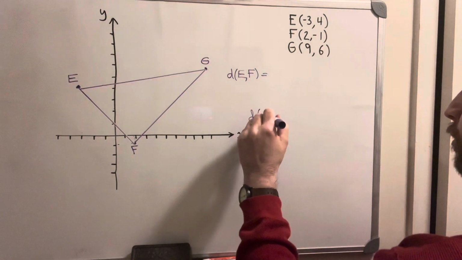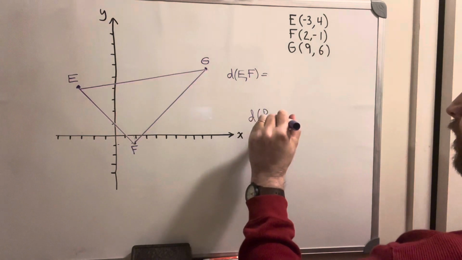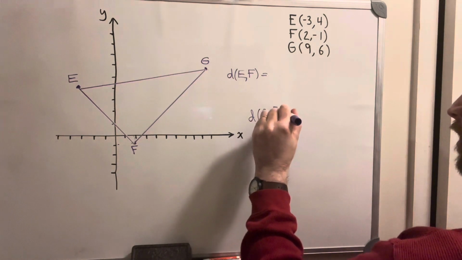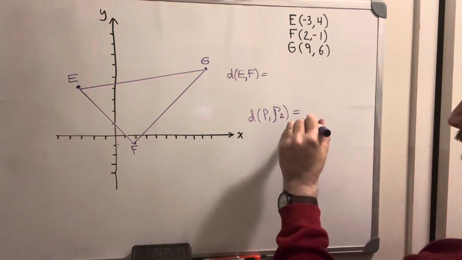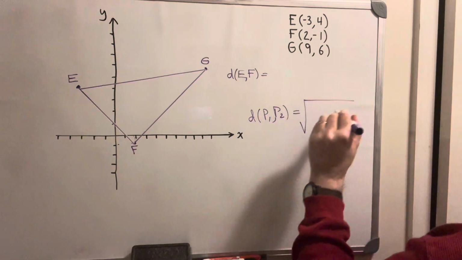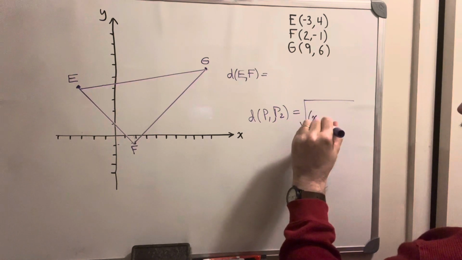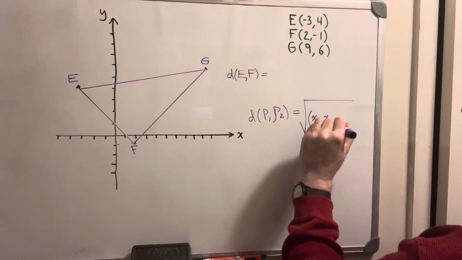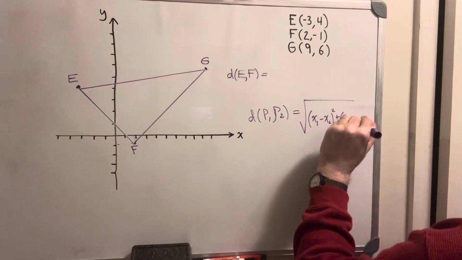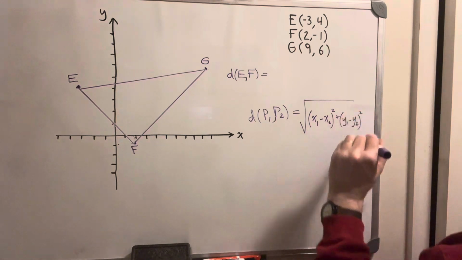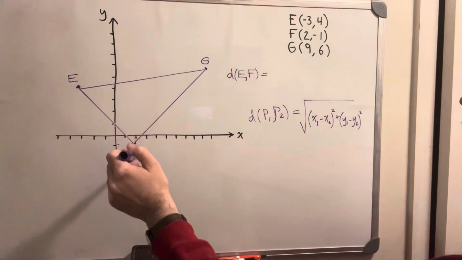Let's say we have 2 points, P1 and P2. It's the square root of... So we want to do this with points E and F first.